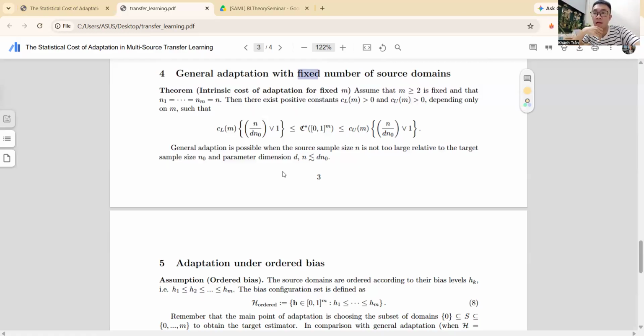They also provide the result for the case when M is growing.